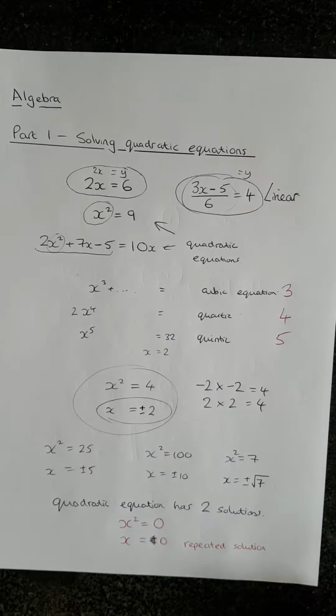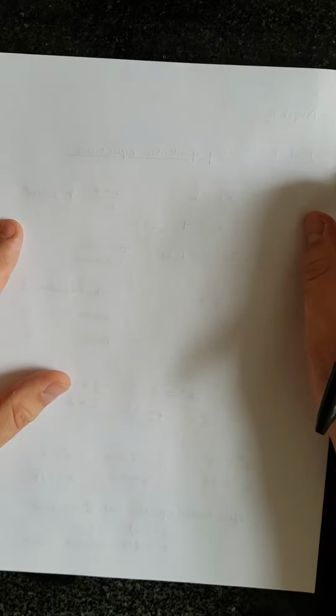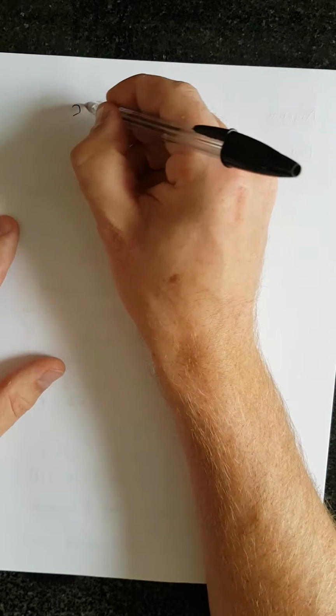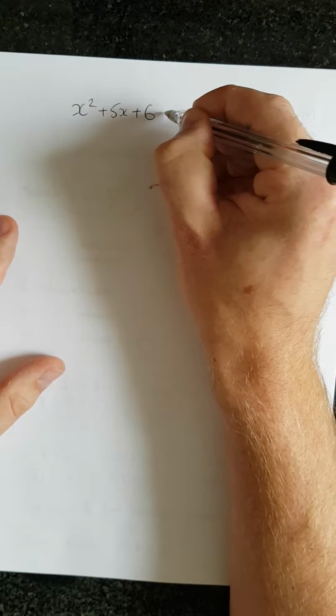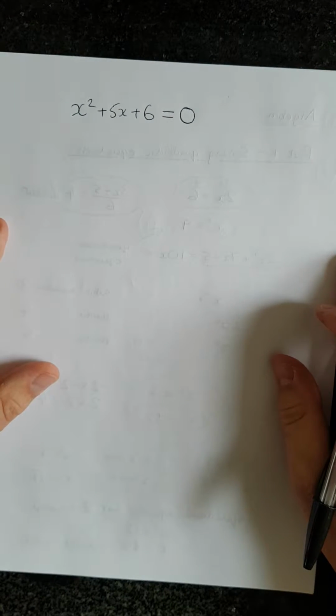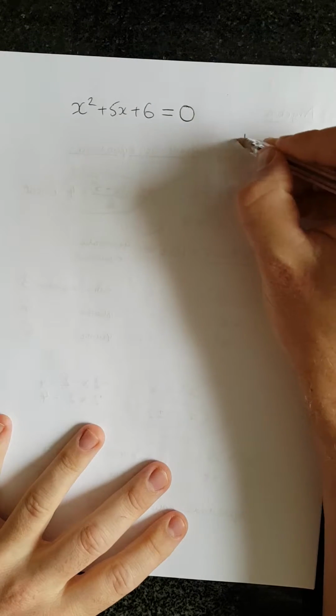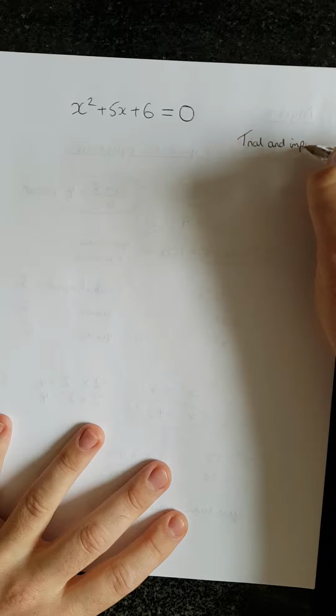Now, let's look at a situation where we may have to solve one. Okay, here is a quadratic equation. Now, your first thought might be to use trial and error or trial and improvement.